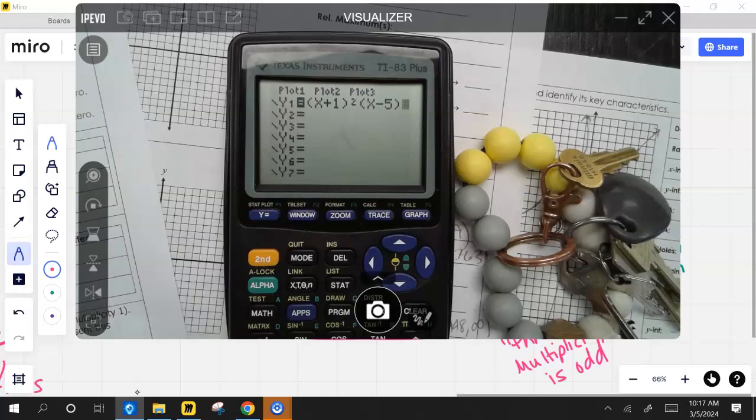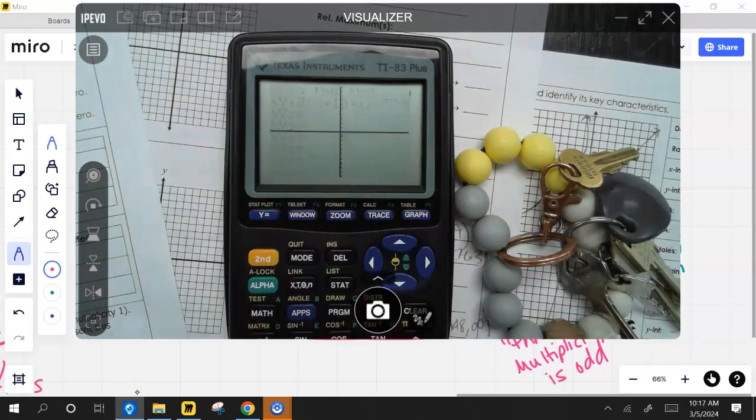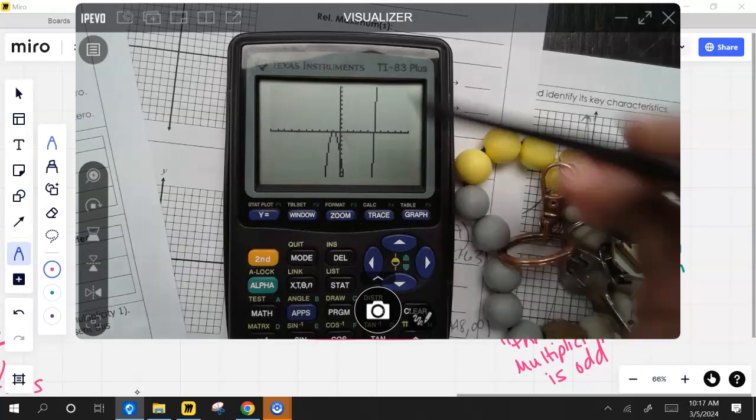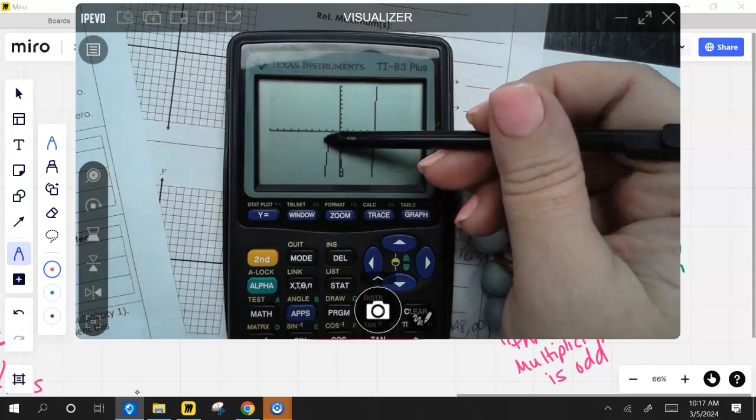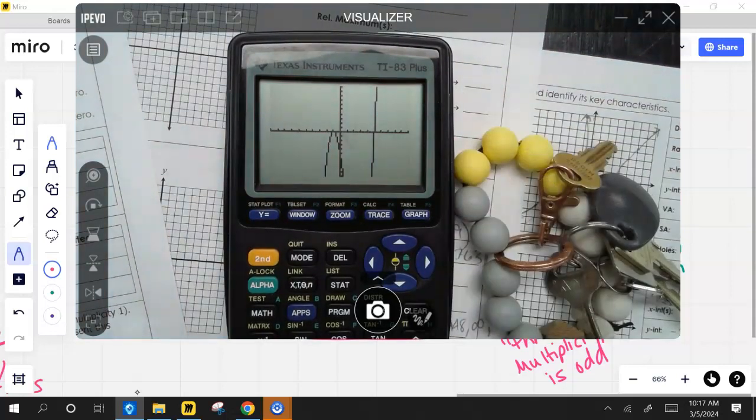Whenever I hit 5, I should go through. So let's see if that's what happens. Look, -1, it bounces. 5, it goes straight through. Multiplicity. Y'all okay?